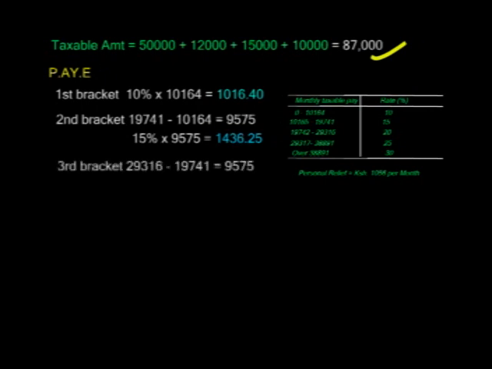In the third bracket, we shall tax all the amount between 19,741 and 29,316. The amount in between is 9,575, just like in the second bracket. 20% of that is 1,915.